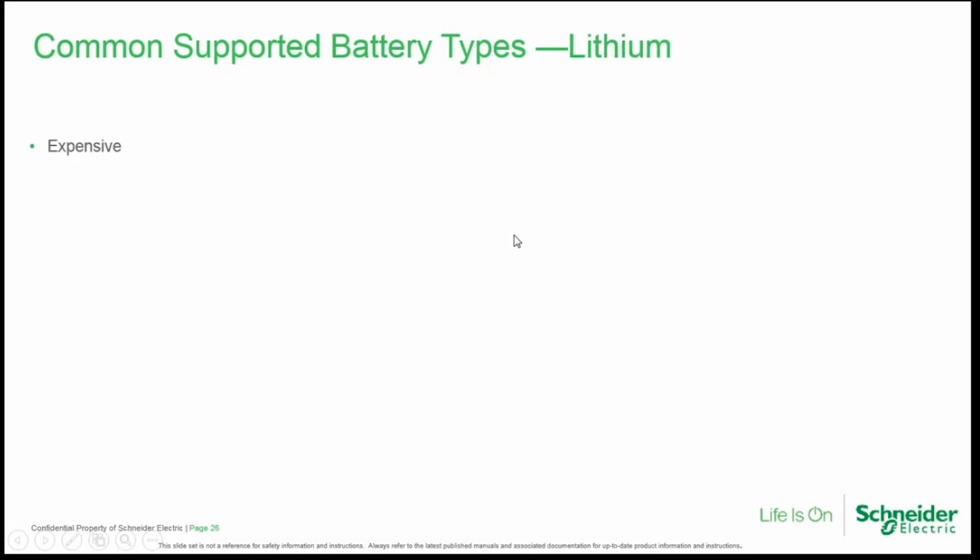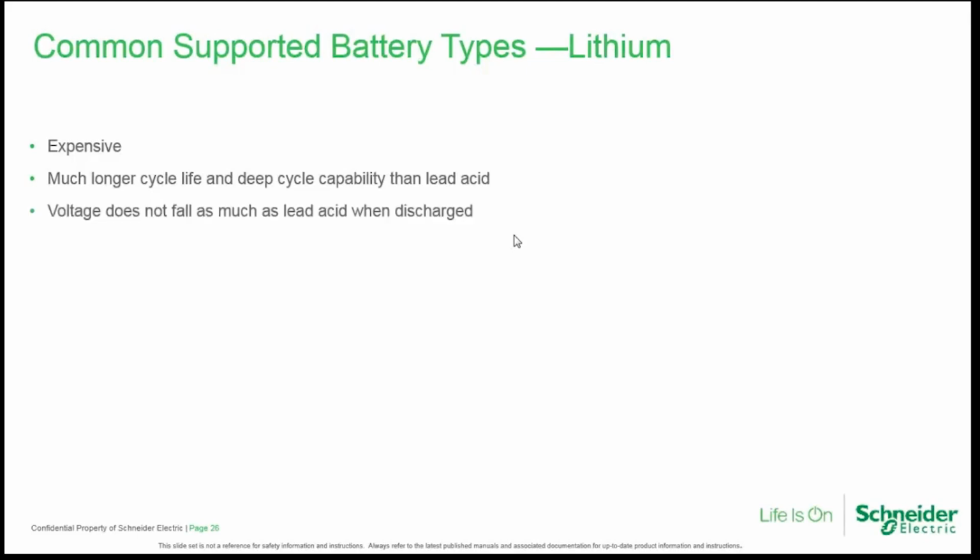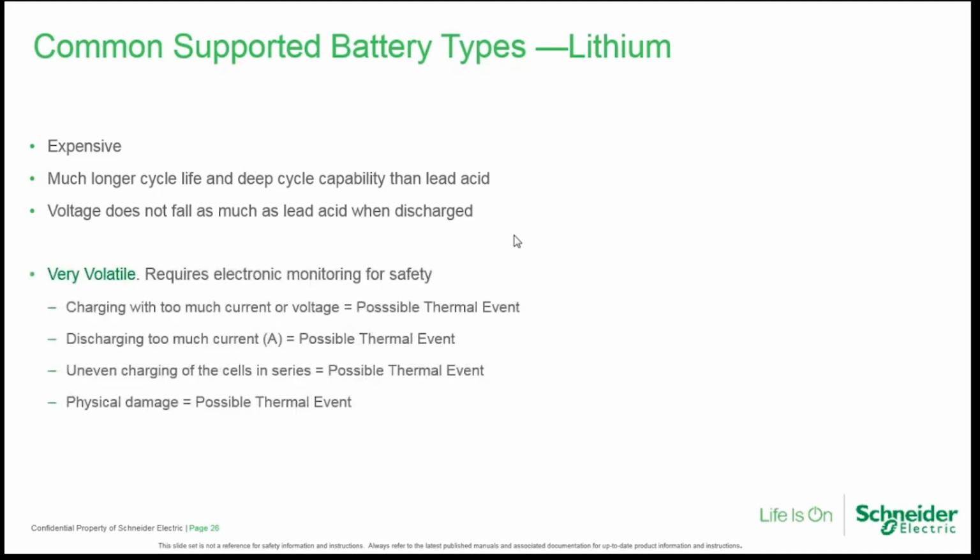Lithium, of course, everybody is talking about it these days, but that's expensive for sure. But they do give you more cycles and deeper cycles than lead acid, so the math changes. The voltage also doesn't fall as much as lead acid when you discharge them, so the voltage stays pretty flat as it gets more and more empty. The problem is they're volatile.